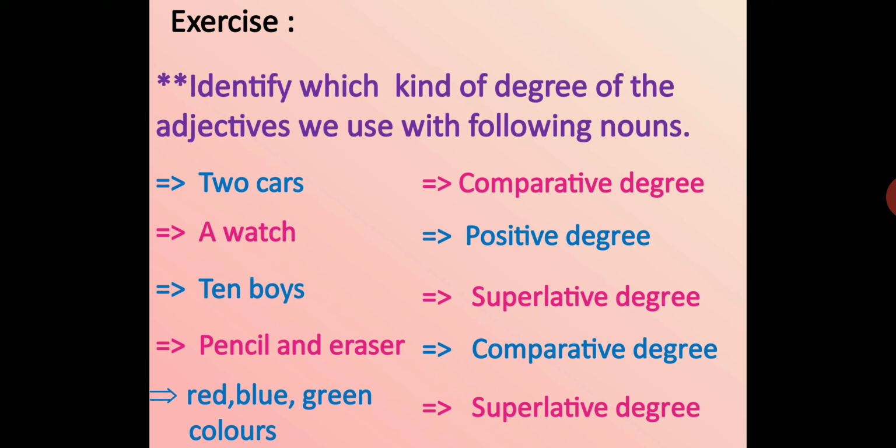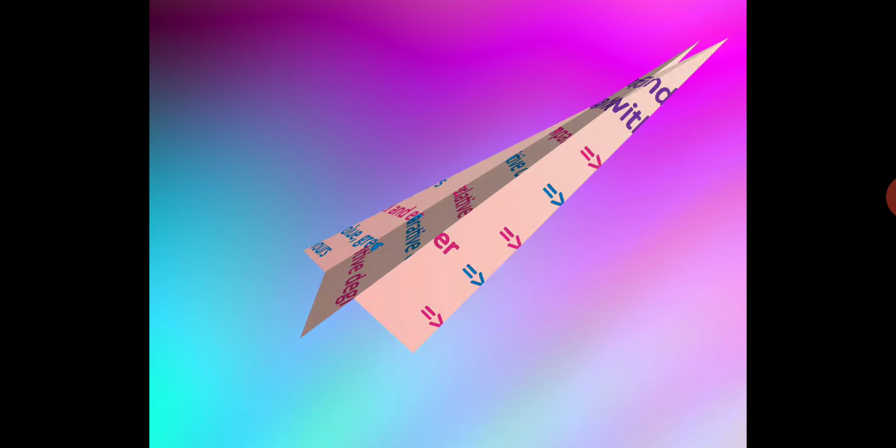I hope you will understand these 3 kinds of degrees of an adjective, and in different possibilities how we get an idea with the rules of the degree: positive form of the degree, comparative form of the degree, and superlative form of the degree.